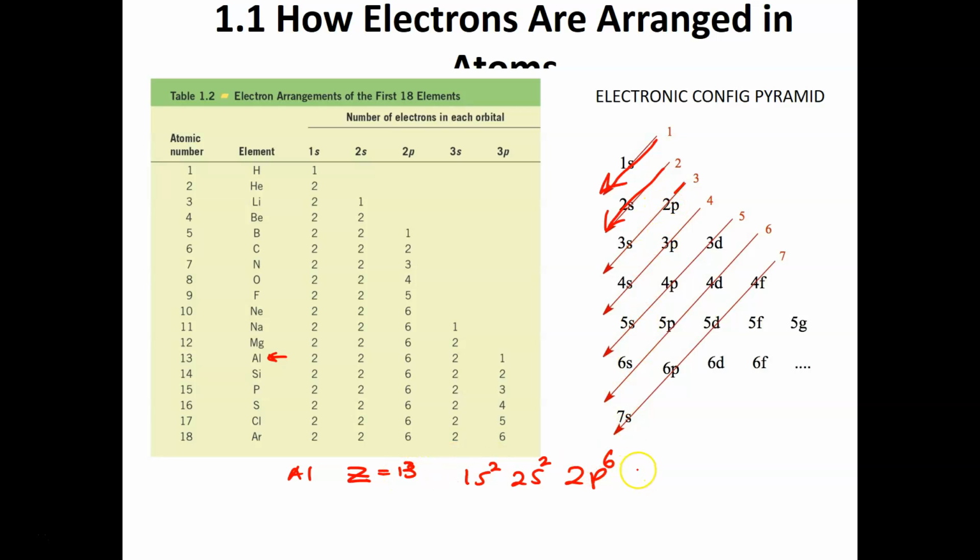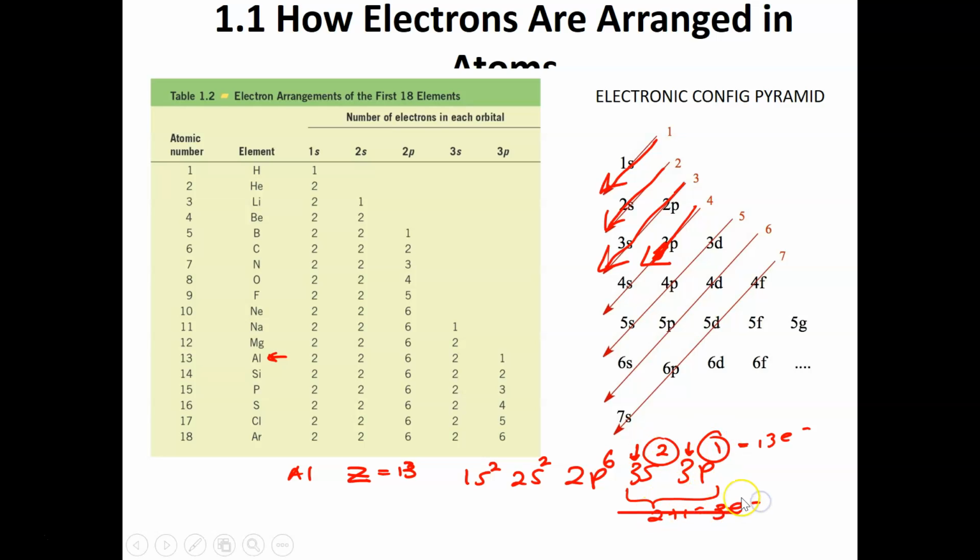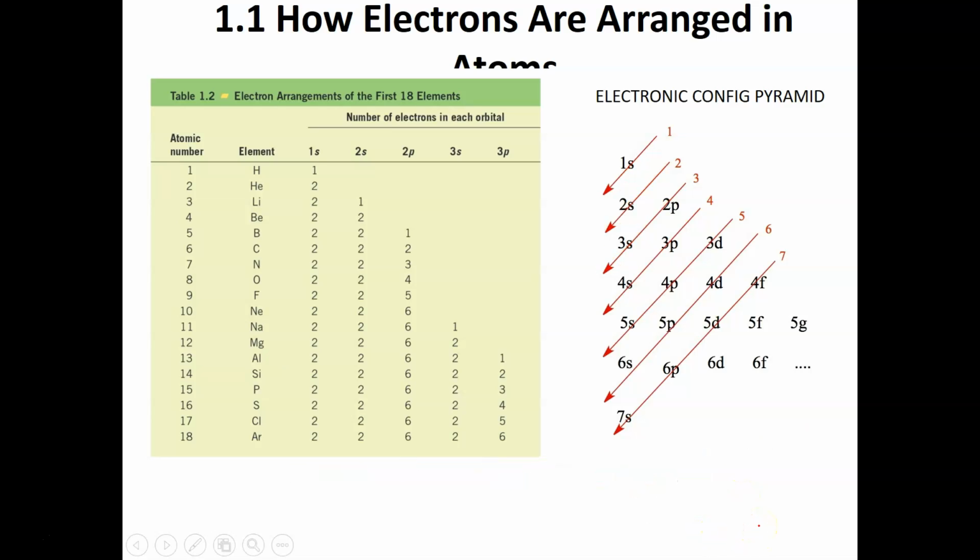We are at 10. We have 3 more, so we have to go to 3s. S carries a maximum of 2. We have 1 more, so we have to go to 3p. So that accounts for 13 electrons. In terms of valence electrons, the outermost electrons, since we went to the third shell, the valence electrons will be 2 plus 1, which is 3 valence electrons.